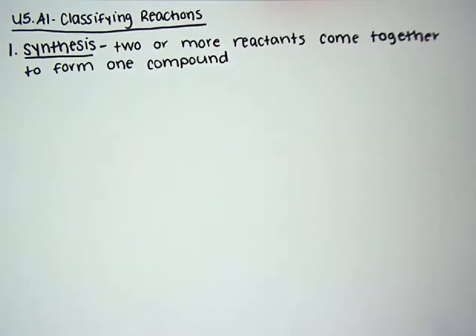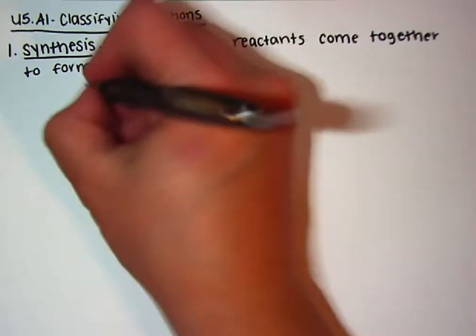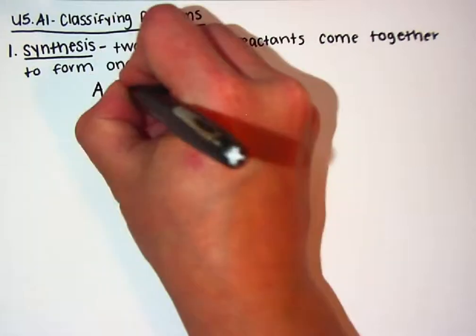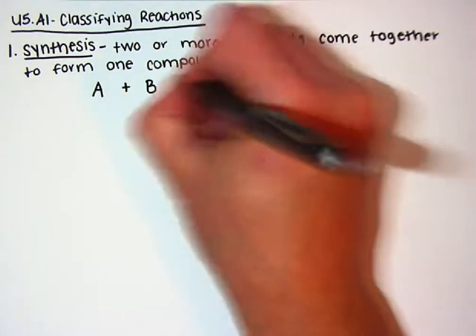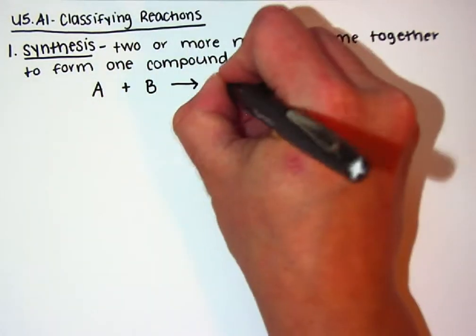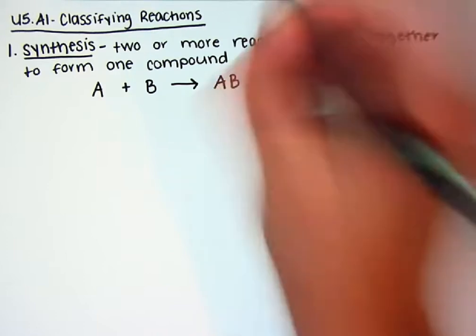Two or more reactants that come together to form one compound. A plus B combined to make compound AB.